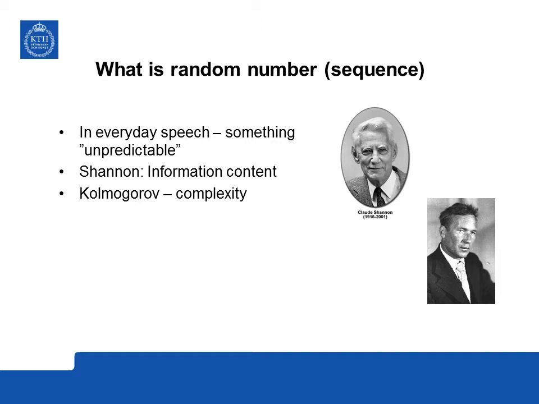Both Shannon and Kolmogorov's definitions have the property that if you have an infinite sequence, the information content of a purely random sequence will be infinite, or the complexity in the Kolmogorov case will be infinite, since we simply have to give the sequence itself. There's no way of computing it in a more effective way.